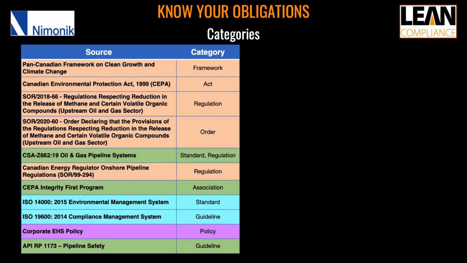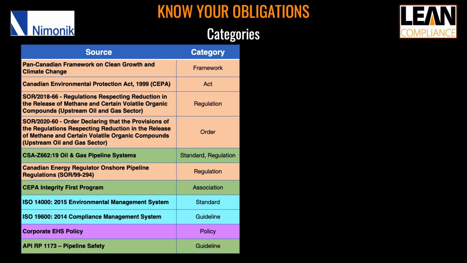So let's go here. So we've got different groupings, you could say, of where these obligations come from, or different kinds of obligation sources. We have frameworks, we have legislative acts, we have regulations that flow from those, we have orders, we have industry programs, we have industry standards, we have guidelines, we have policies.